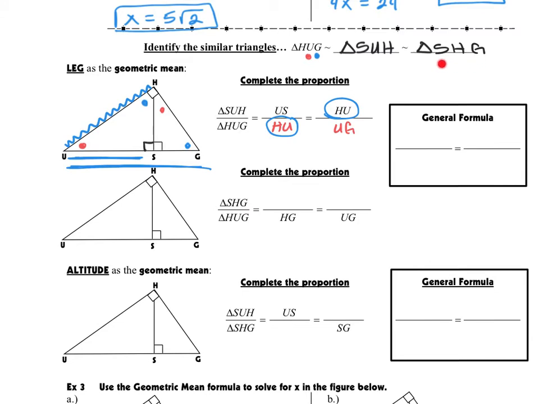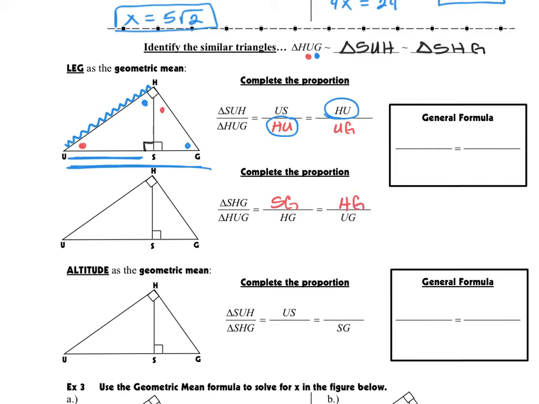SHG, that was the one from up here, our big one, HUG right here, and we're going to complete these proportions. When I complete these proportions, HG in the bottom triangle corresponds with SG in the big triangle. And UG in the bottom triangle corresponds with HG in the big triangle, or in the top triangle I meant to say there.